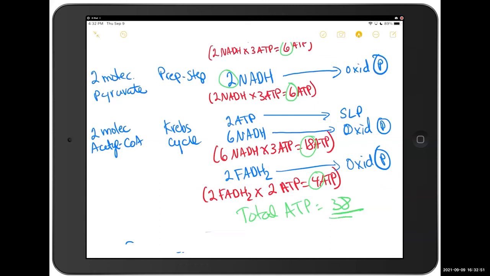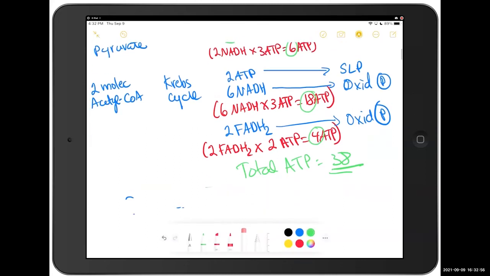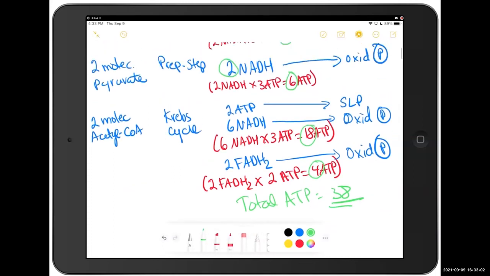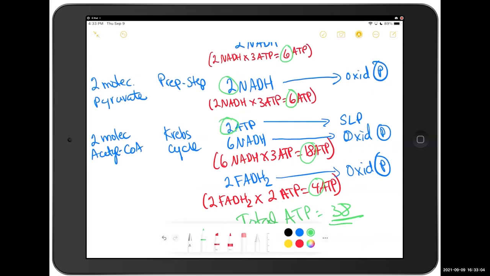All right. Let me ask you a question. Wait, Professor, you forgot the 2 ATP from the Krebs. It's still 38. I just counted in my head, but I forgot to circle it. But let's count it.